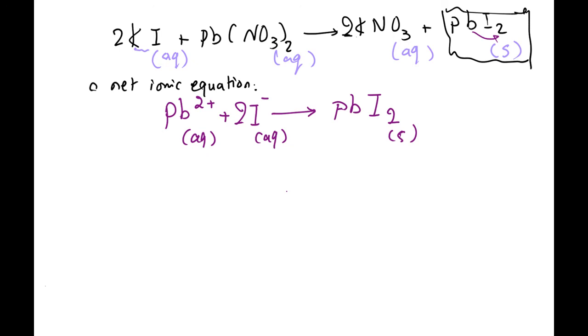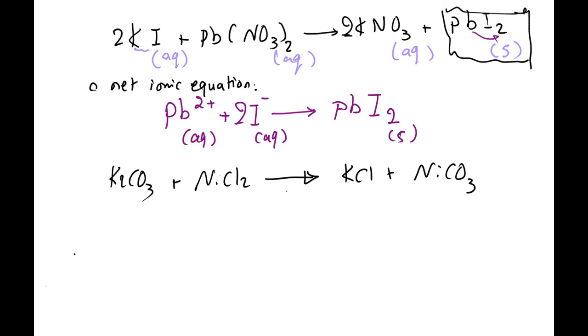In another equation between potassium carbonate and nickel chloride to form potassium chloride and nickel carbonate. And you are asked to write full ionic equation and a net ionic equation. First, you should check solubility.